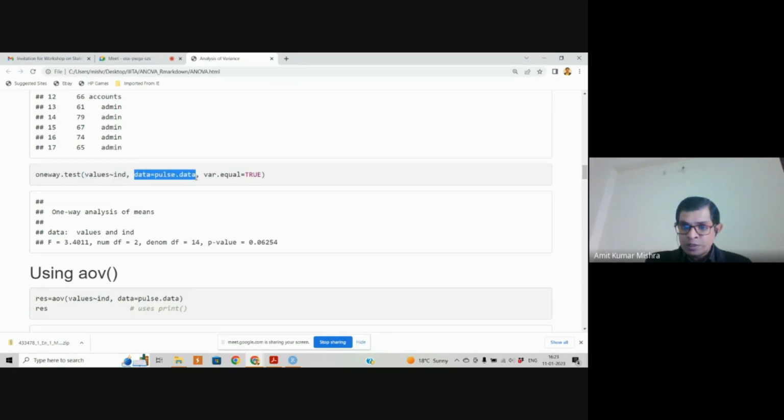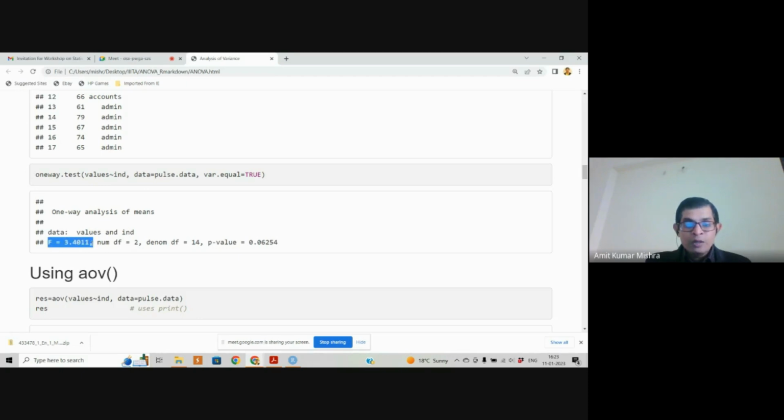Data equals pulse.data. Whether you are assuming variances are equal, of course, since I am performing the analysis of variance, we are assuming that all three populations have the same variance. With these things, if you enter it in R, this will be the output. One-way analysis of means will give you two things. Data, we have values and ind.